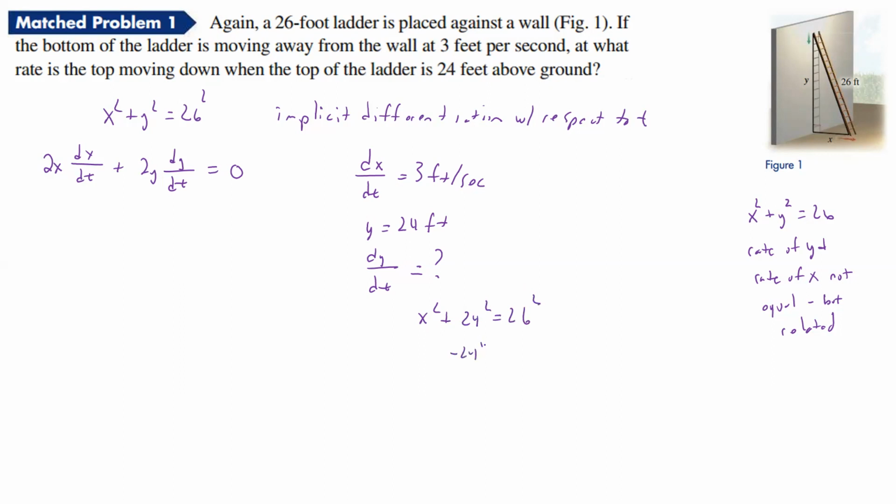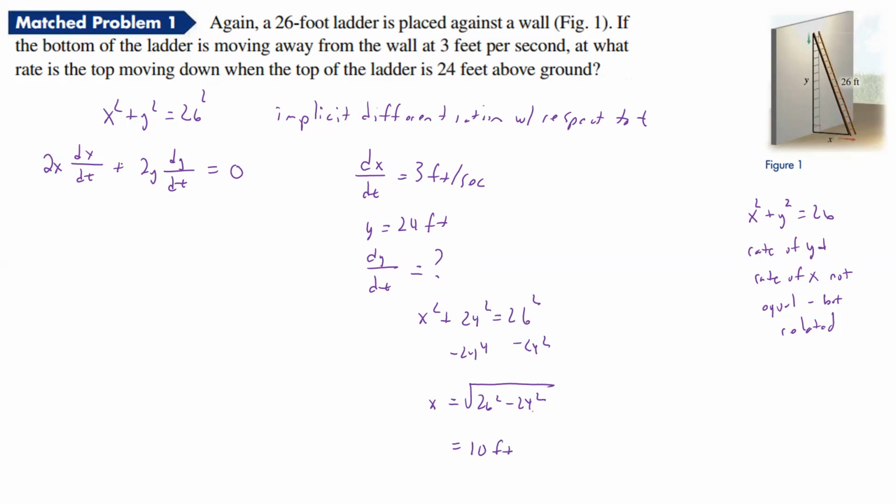If we subtract 24 squared, x is going to be equal to the square root of 26 squared minus 24 squared. And 26 squared minus 24 squared is going to be 100. So the square root of 100 is going to be 10, and that's going to be feet.